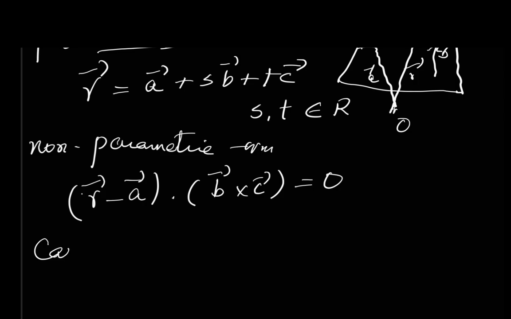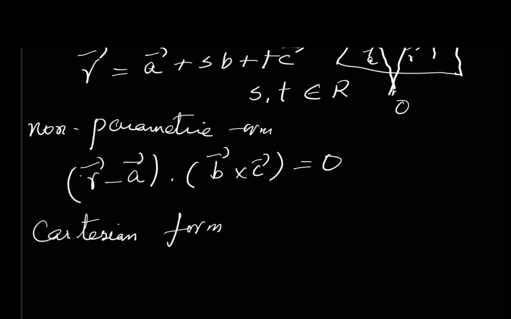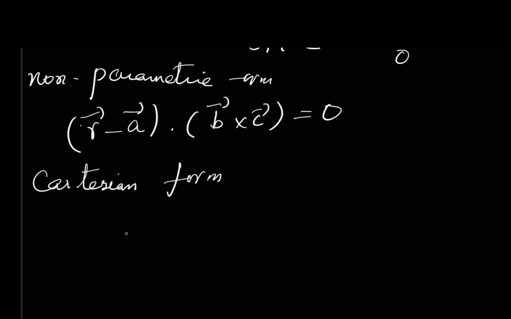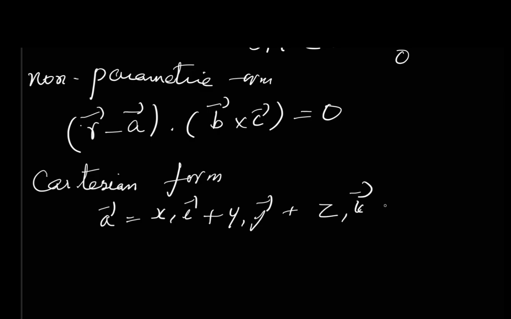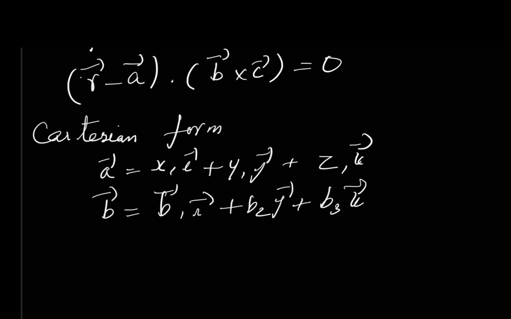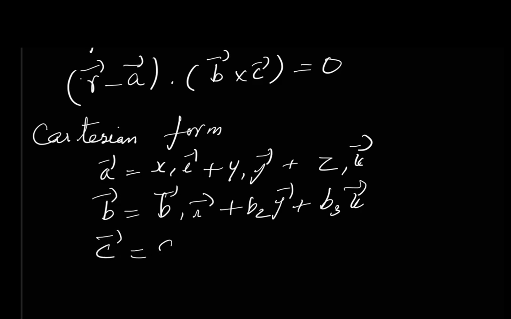Next is the Cartesian form. We take vector a as the given point with coordinates x1 i plus y1 j plus z1 k, vector b as b1 i plus b2 j plus b3 k, and vector c as c1 i plus c2 j plus c3 k.